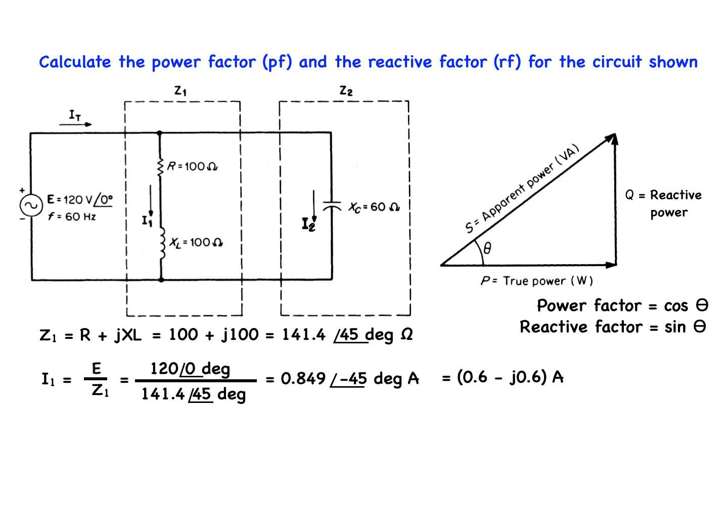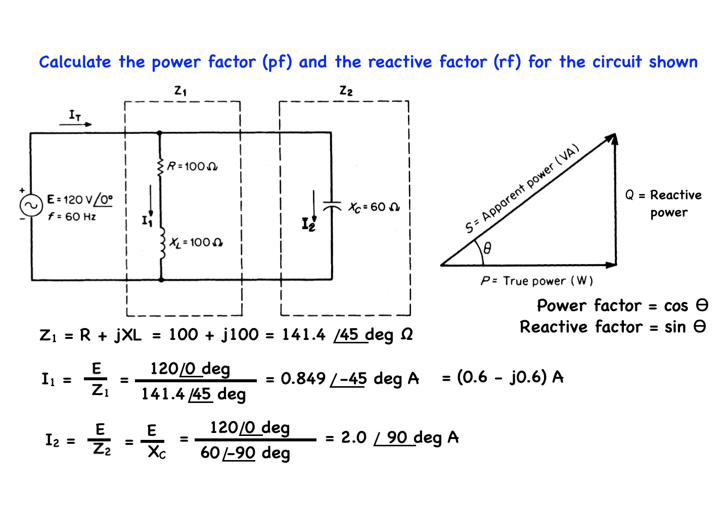Again, using Ohm's law, I2 is equal to E divided by Z2, but Z2 is just XC. E over XC is equal to 120 at 0 degrees divided by 60 at minus 90 degrees, which equals 2 at 90 degrees amps in polar coordinate format, and 0 plus j2 amps in rectangular coordinate format.